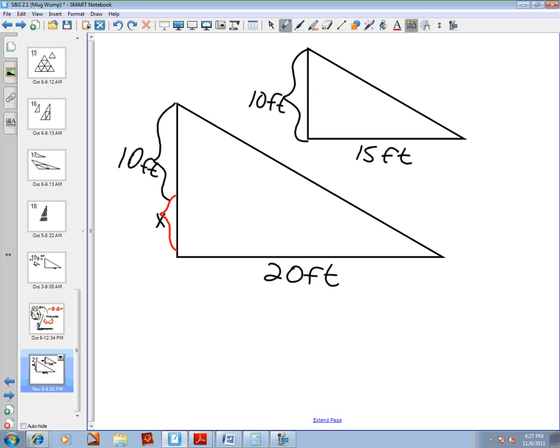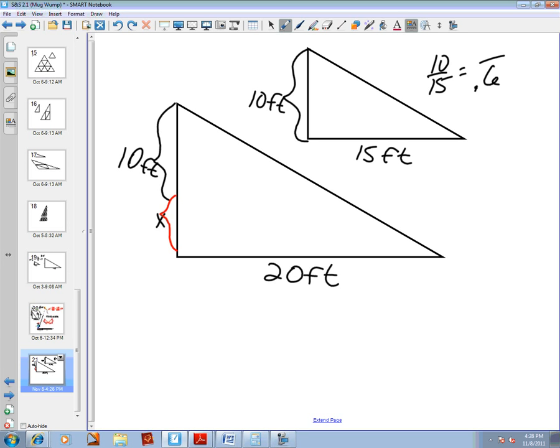So what is 10 divided by 15? 10 divided by 15 equals 0.6 repeated. The upright leg is 2/3 the size of the base.